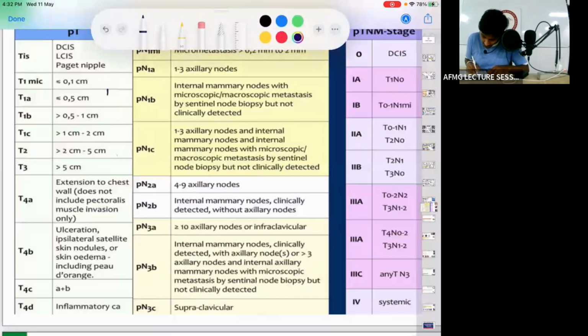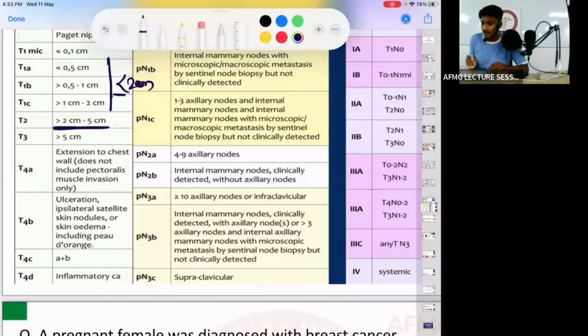T1 is less than or equal to 2 centimeters. T2 is more than 2, less than or equal to 5 centimeters. T3 is more than 5. T4A is extension to the chest wall.